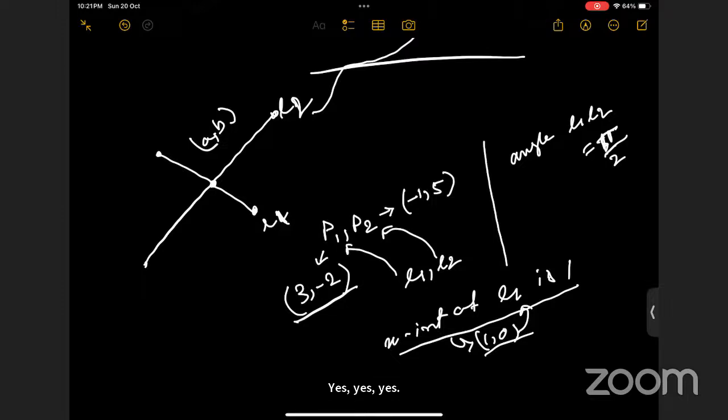From that you will find some relation between A and B. Also, (A, B) lies on the line L1, so A and B will satisfy the line L1. So from this you can find one equation of A and B, and from the angle you can find another equation of A and B. Then you just have to solve the two equations and find the values of A and B.